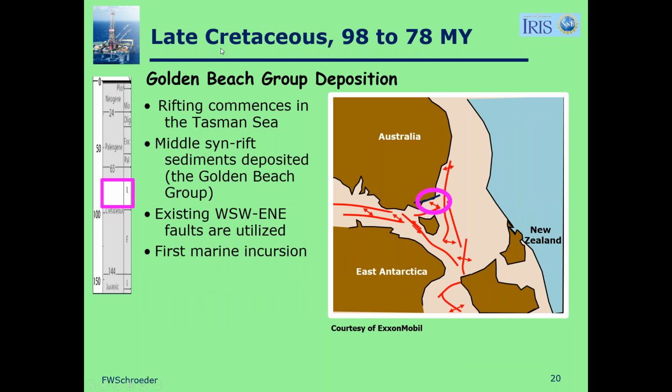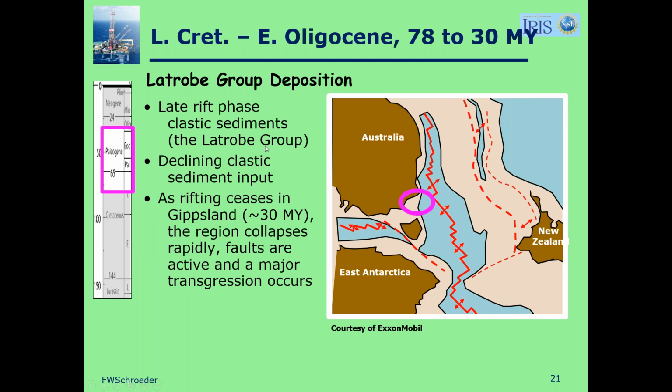If we go to the late Cretaceous, we get the Golden Beach deposit. That's the middle part of the syn-rift. And we get some coals that are deposited within the Golden Beach, and that's going to be our primary source interval.